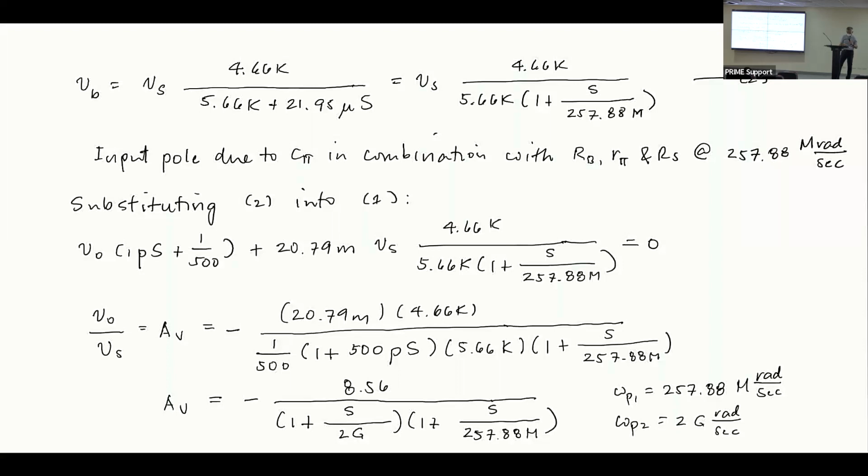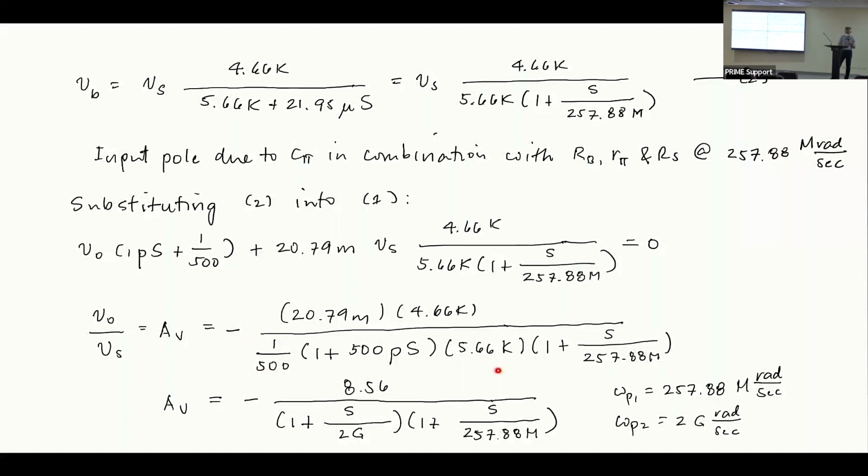Now, ang ginawa ko, itong 1 over 500, I factored that out because I wanted it to be in standard form. The standard form is dapat 1 plus S over something. 1 plus S over something. Right? So I factored out here 1 over 500.